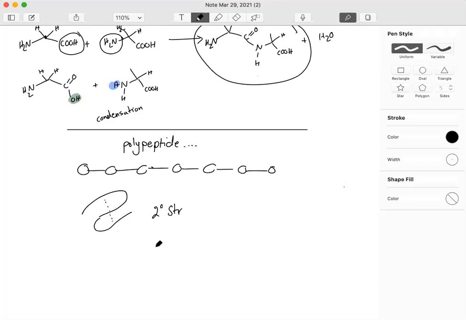Then the secondary structure comes together and makes a tertiary structure. This is the special 3D shape of a given protein.